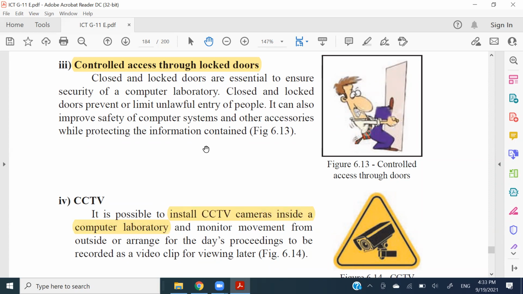Install CCTV cameras inside a computer laboratory. That will be the fourth point. Control access through locked doors and install CCTV cameras inside a computer laboratory.